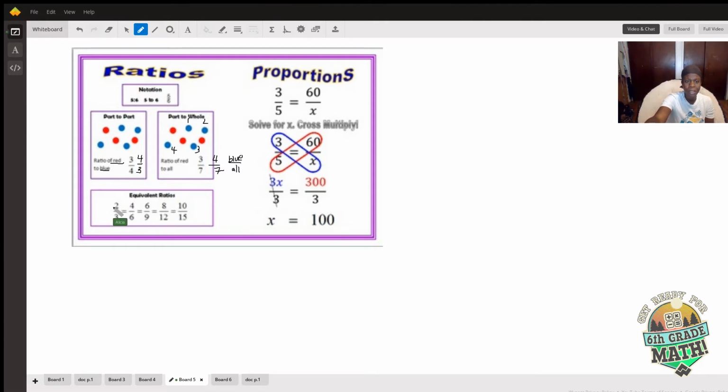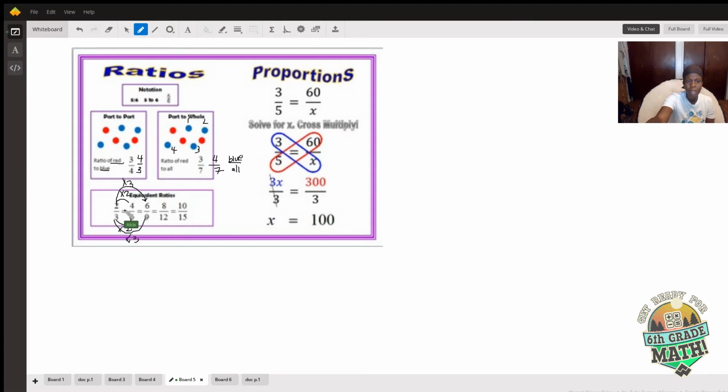And the way that we do that is you are multiplying both the top and the bottom by the same rate. So 2 times 2 here, 3 times 2 here. So you get it from here to here. 2 times 3 here, 3 times 3 here.